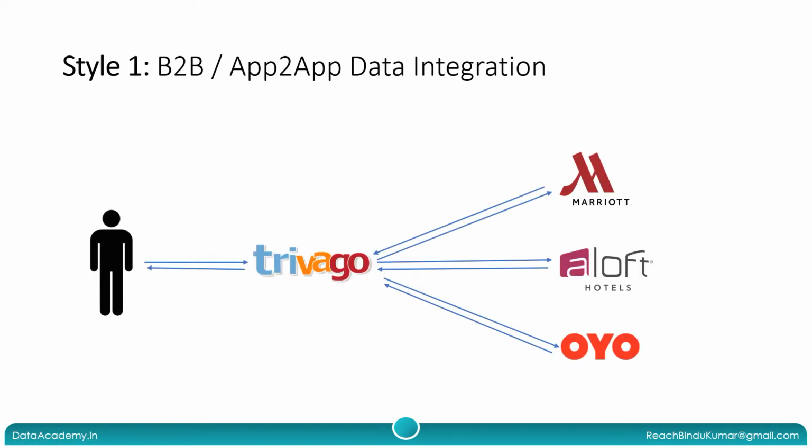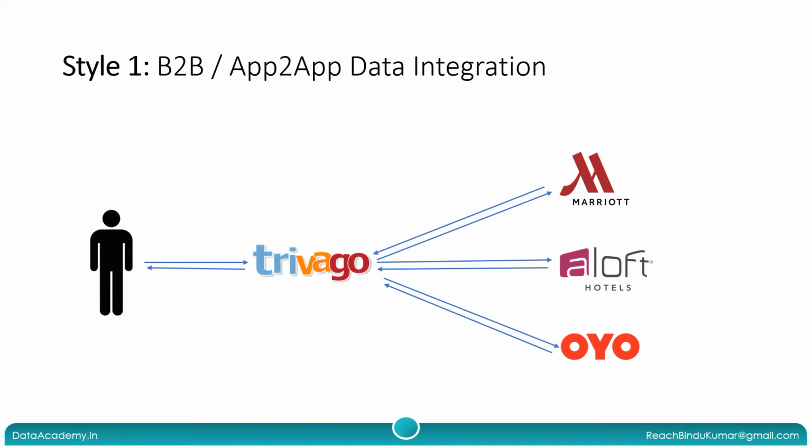All of you must have visited one of these websites like Trivago that aggregates hotel information or flight information from many different websites, right? Here is an example where this person is trying to book a hotel through the Trivago website, but Trivago itself does not own any hotels.